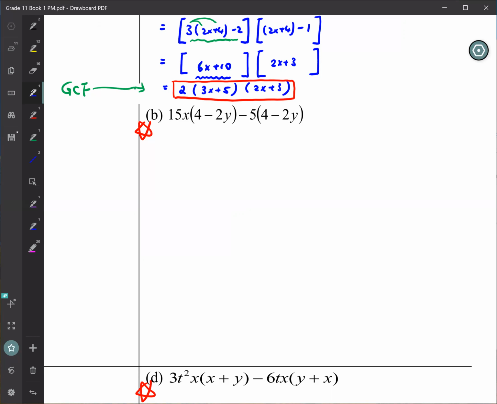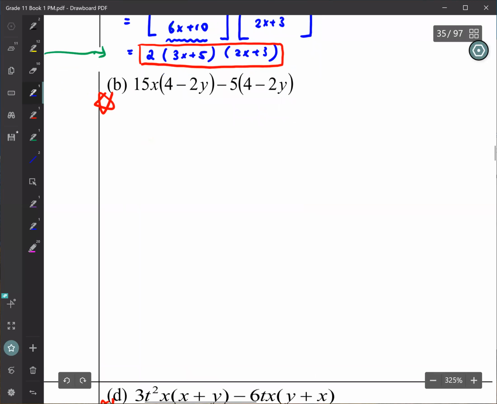Anyone, any more? 7. 8. Just question B, okay? Nine. 10. Okay.